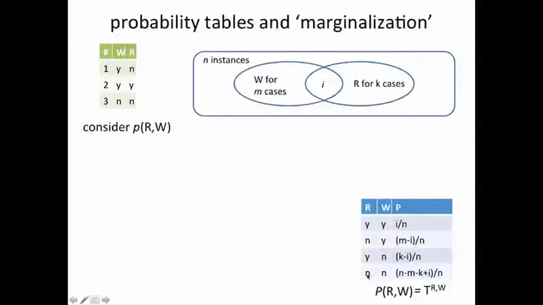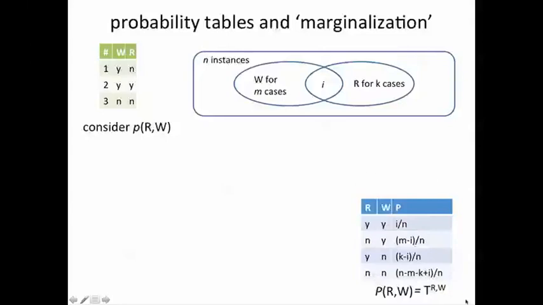And the probability that it neither rains nor the grass is wet is n minus m minus k plus I over n. Notice that we had to add in I because these m cases included I, so did these k cases, so we had these overlap cases coming twice, so we had to add them back in since they were subtracted twice when we subtracted m and k.